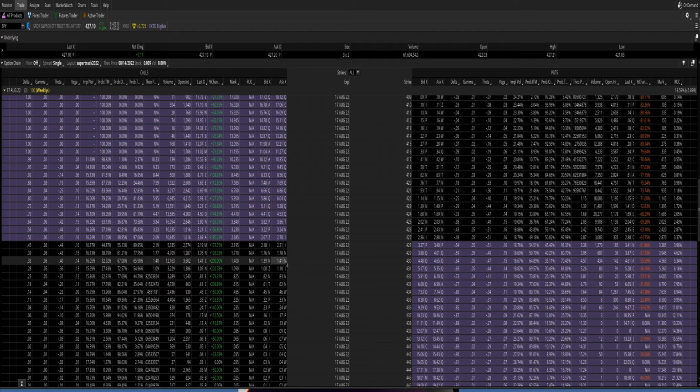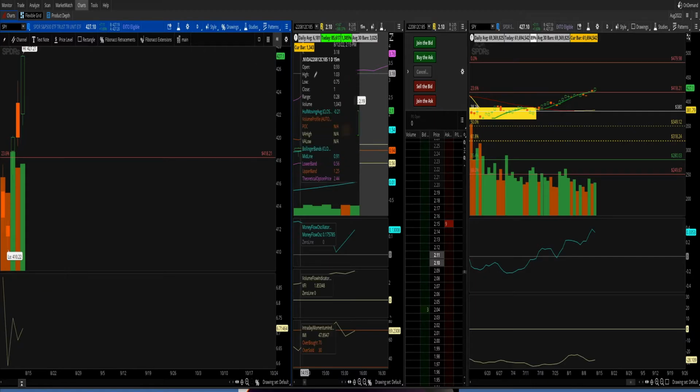I would like to see taking a position roughly around the 33 delta mark. The 33 delta mark is 421, with 141 for the ask and 139 for the bid. Do I see a lot of volume here, a lot of open interest? I do.